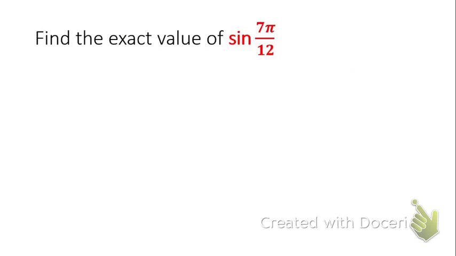So now let's go to our sine formula. So that's the second row. So we have to get to 7 pi over 12, and we have to figure out how we're going to do that. Are we going to add 2 angles or subtract 2 angles to get to 7 pi over 12?